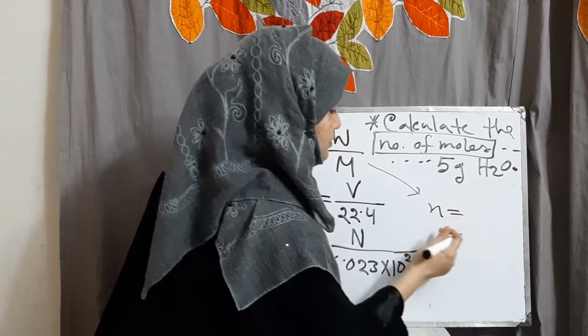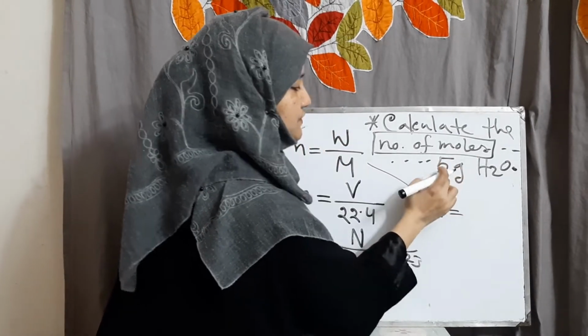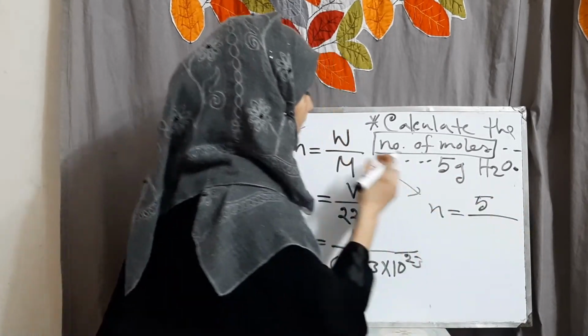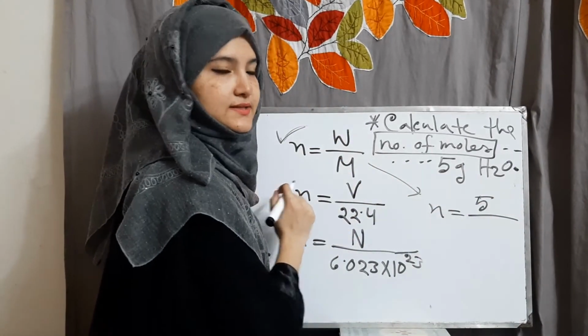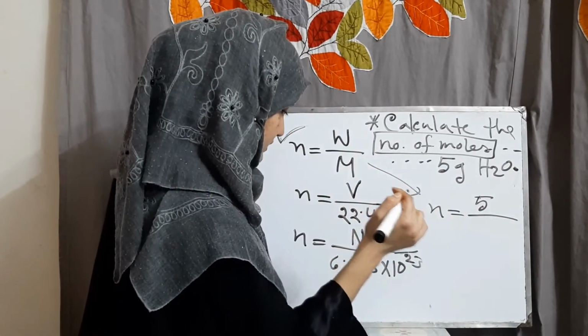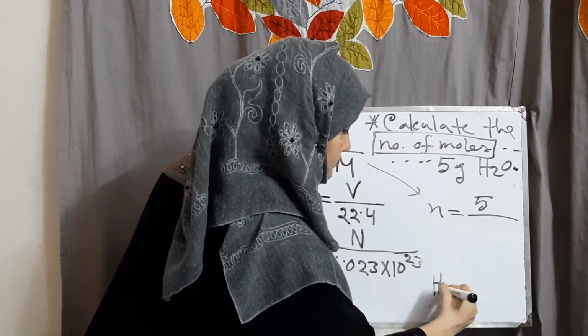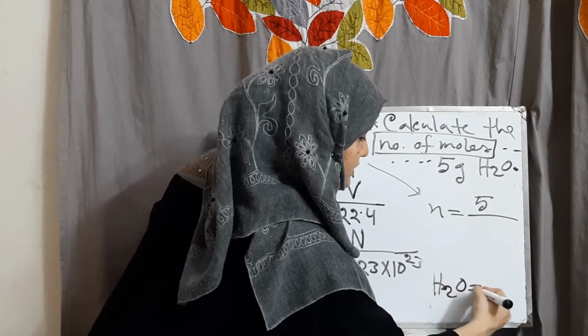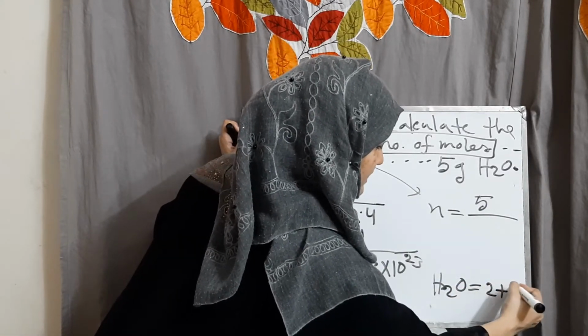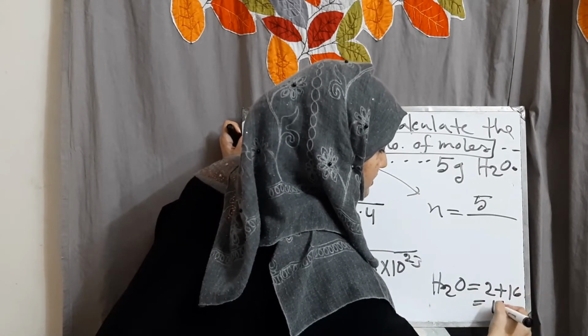n is equal to, you have to find n. W is 5 gram, the given mass. And you have to calculate the molecular mass. We know the molecular mass of water is 2 plus 16, 18.